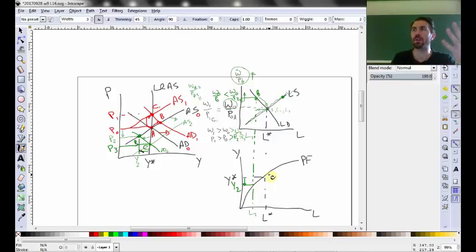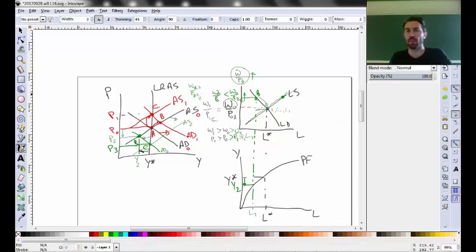If capital increases or labor becomes more productive or the state of technology increases, what happens to our production function? It shifts upwards and our labor demand shifts to the right, which would mean Y star increases, right? If Y star increases, what happens to the long-run aggregate supply curve? It would shift to the right, yeah?